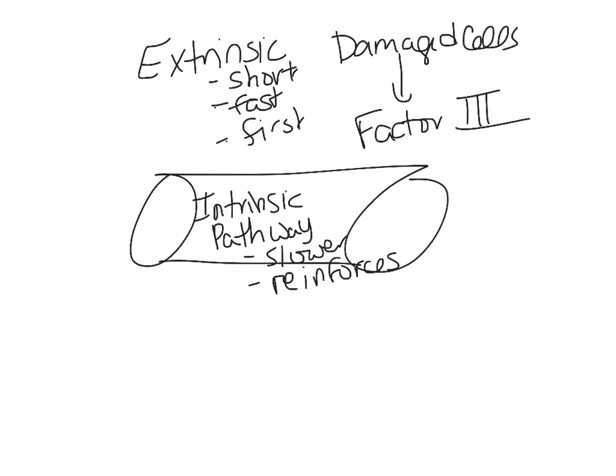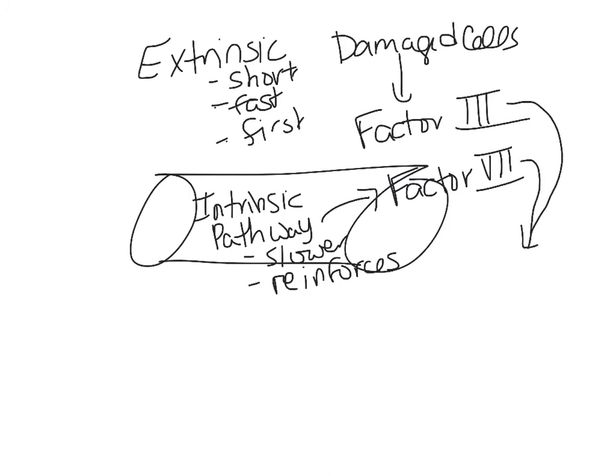And what it does is stimulate another blood clotting factor, which is called factor 7. So we've got two blood clotting factors now, factor 3 from extrinsic, factor 7 from intrinsic. Together, those two factors are going to stimulate the common pathway.